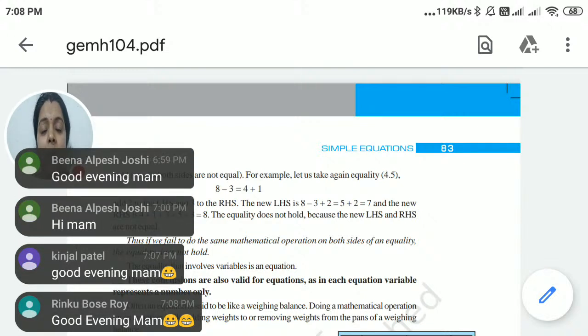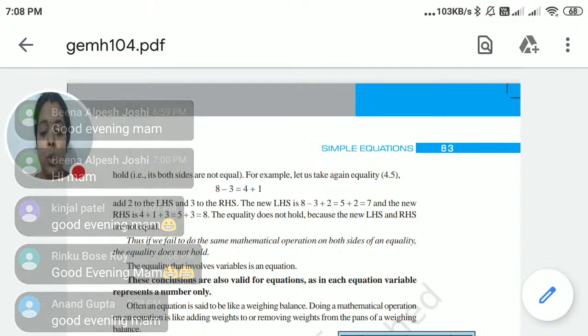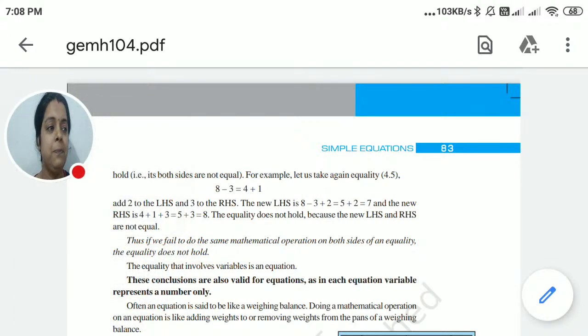The same way, yesterday we started writing down the equation in a particular way, in a sequence. The statement was given, and you had to write it in equation form.